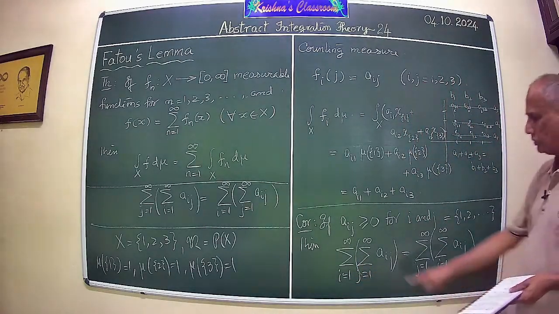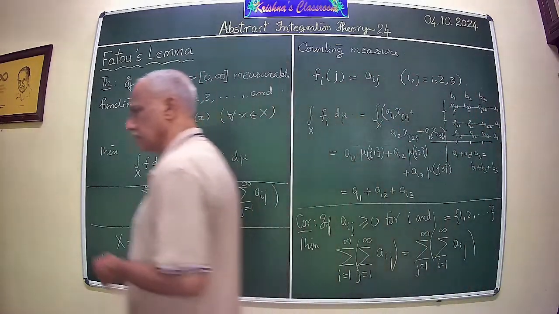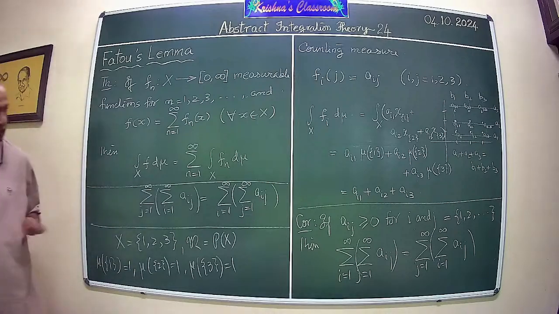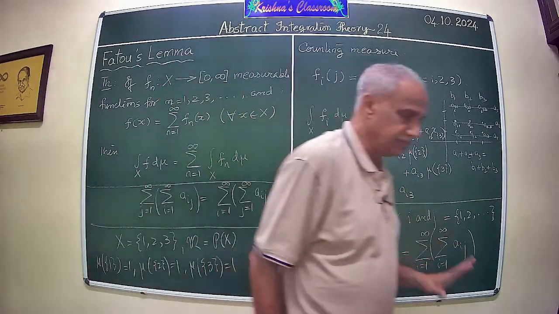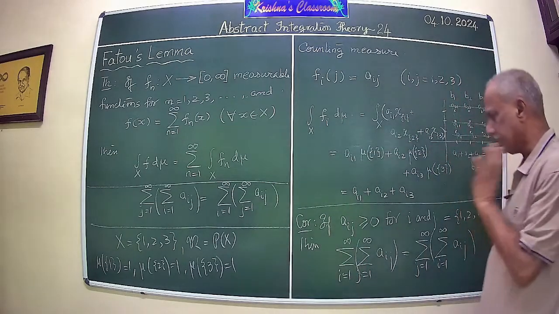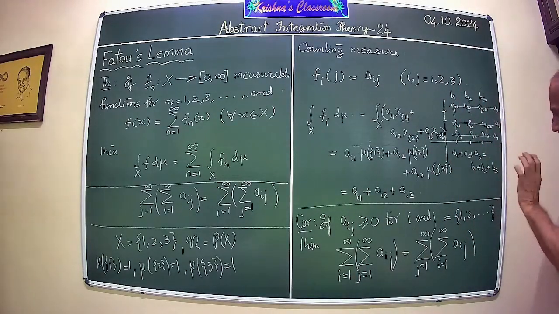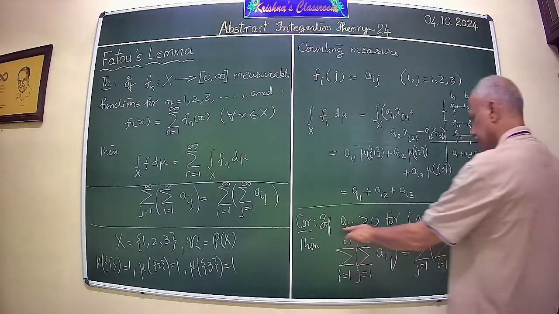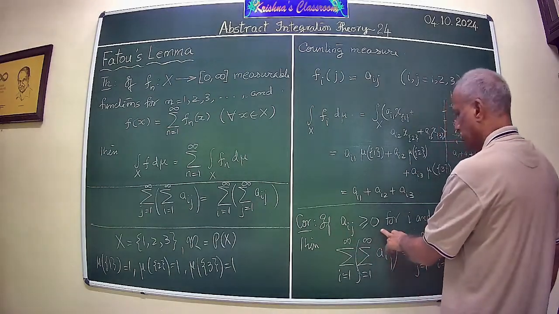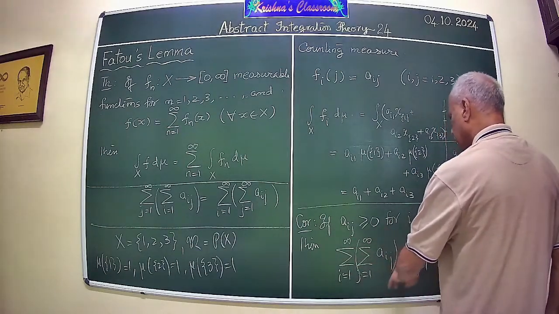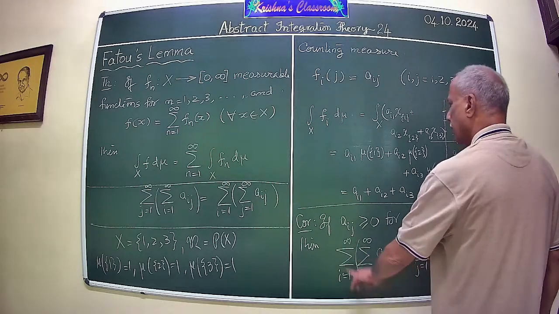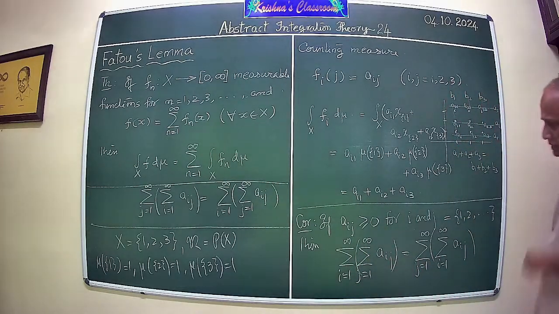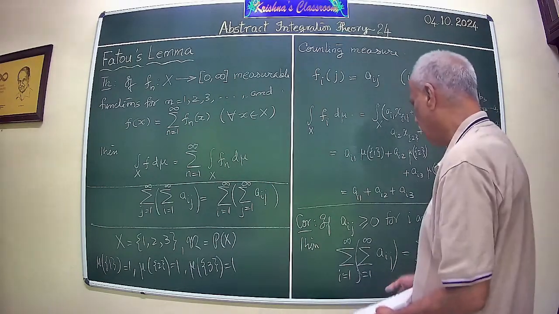That means the two summation operations can be interchanged in this case, and it's important to observe that aij's are taken non-negative. A second thing that we have to look at is this: when aij's are greater than or equal to 0, the sum for some values of i may be plus infinity also. It does not matter. Okay, right?